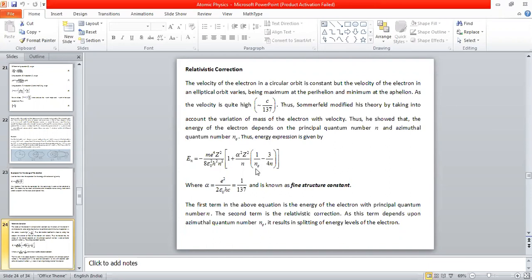For example, in the case of n is equal to 4, there are 4 suborbits possible: nφ is equal to 1, 2, 3, and 4. nφ is equal to 4 in n is equal to 4 is the same as a circular orbit, no problem. Apart from the circular orbit, in the n is equal to 4 case there are 3 elliptical orbits, and for those 3 elliptical orbits we can give nφ the three values 1, 2, 3. If you keep changing the nφ value, En also changes, because according to this expression En is a function of nφ.